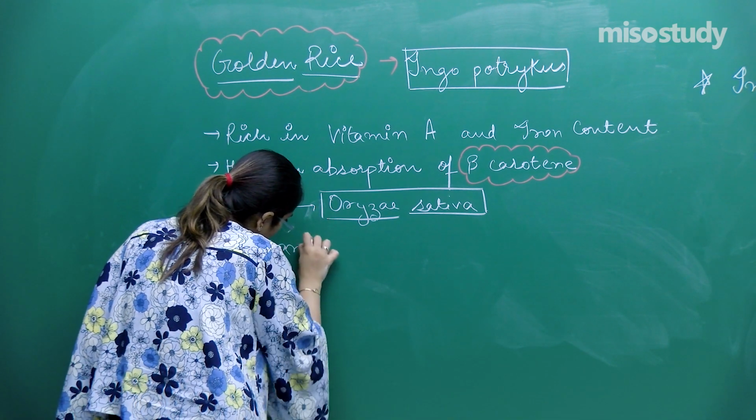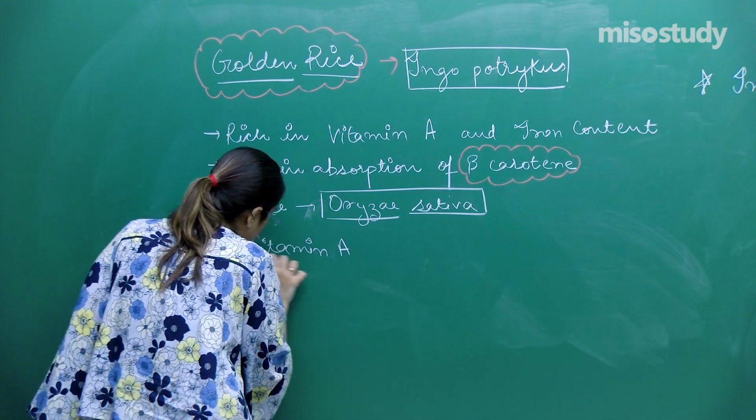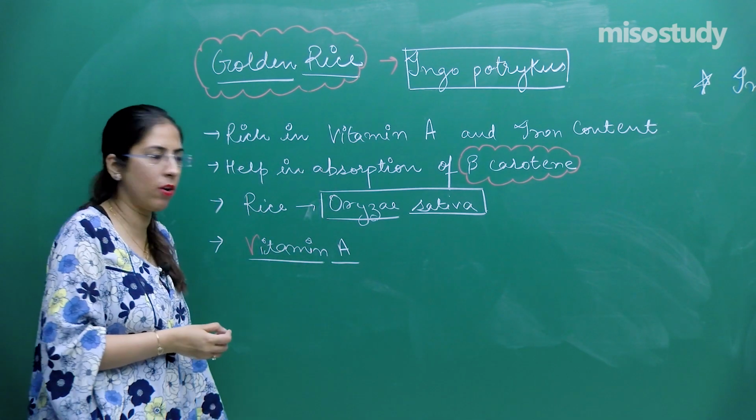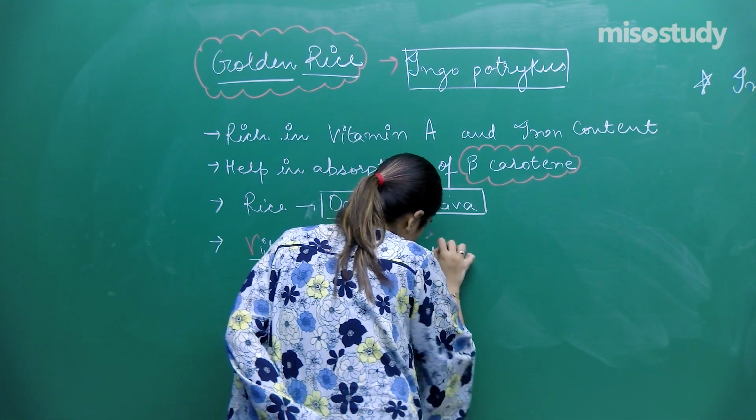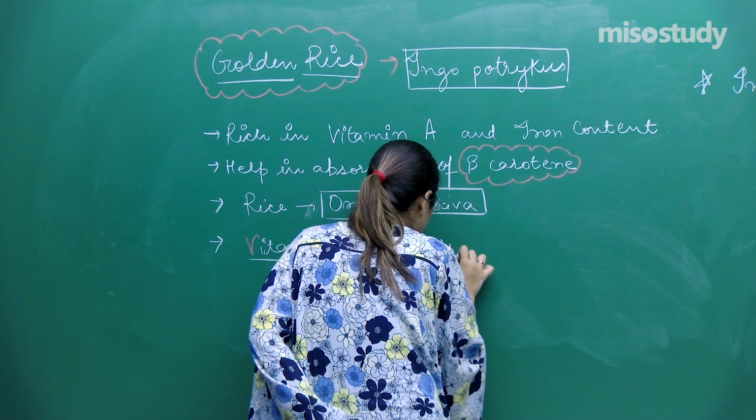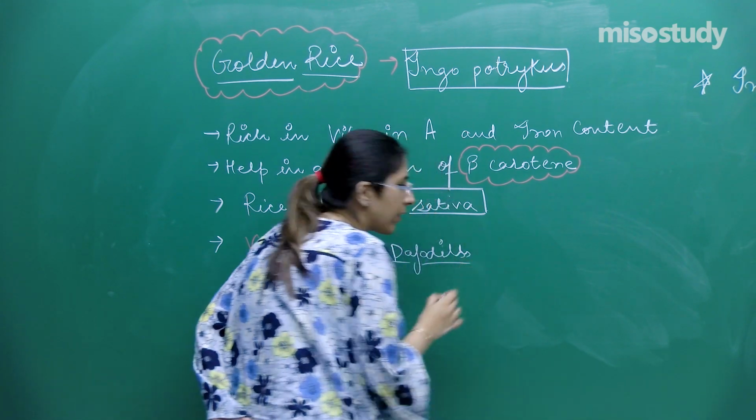What was the source of vitamin A? It was taken from the daffodils. What's the scientific name of daffodils?